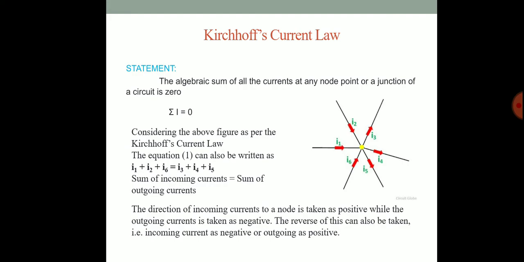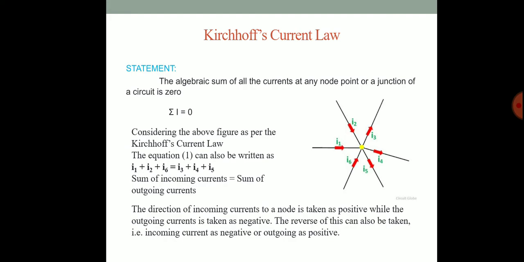We see the direction of the entering currents I1, I2 and I6 is equal to the leaving currents. Looking at the diagram, the leaving currents are I3, I4 and I5. So the entering current is equal to the leaving current. The sum of incoming current is equal to the sum of outgoing current.